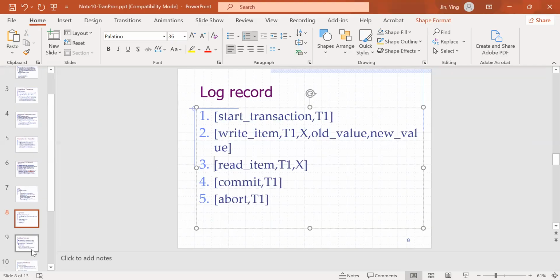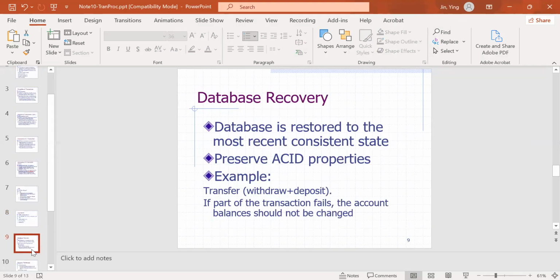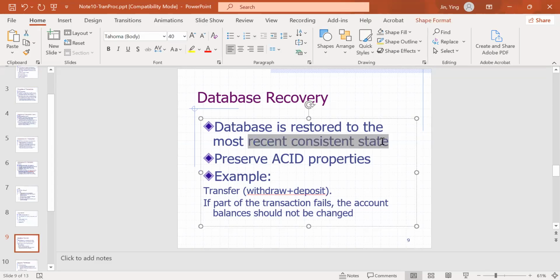Okay, so now let's see database recovery. Why do we need to consider recovery? The main reason is that we can have something wrong in the middle of a transaction, and we want to restore the database to the most recent consistent state.